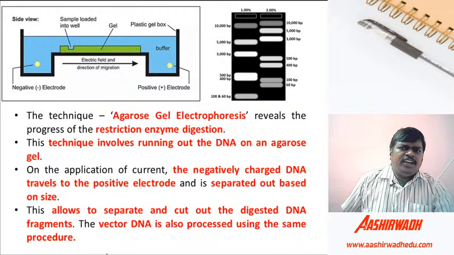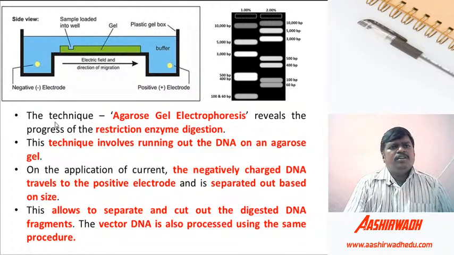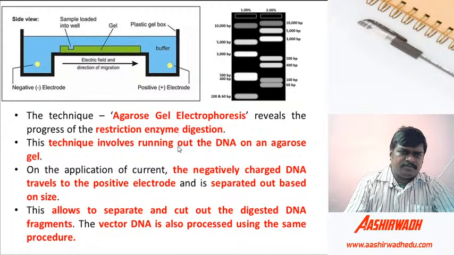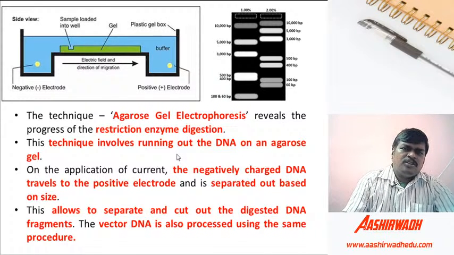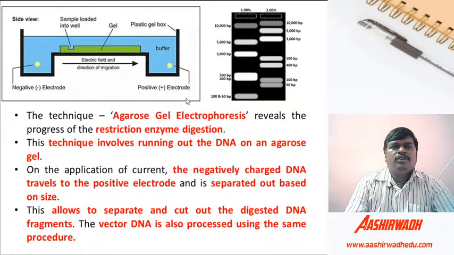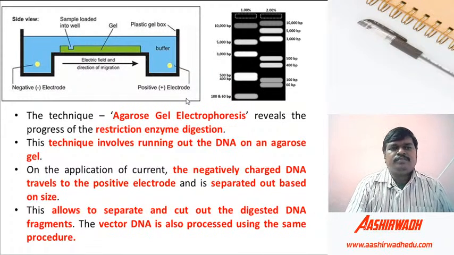And here, for the fragmentation process, they will use the agarose gel electrophoresis method. They will load the samples here. One side of the agarose gel electrophoresis will be negative, the other side will be positive. We know that DNA molecules are negatively charged particles, so they'll move towards the positively charged side.